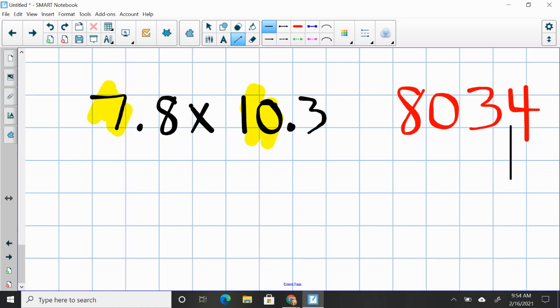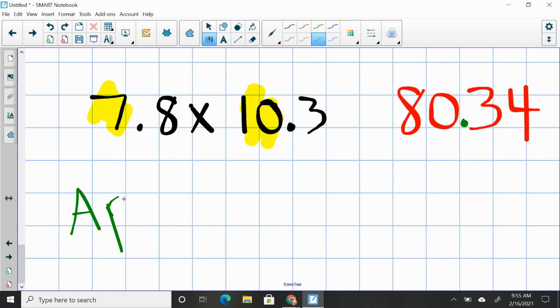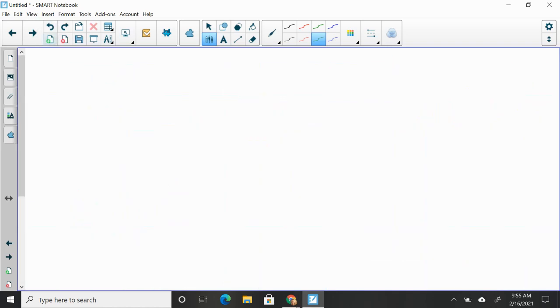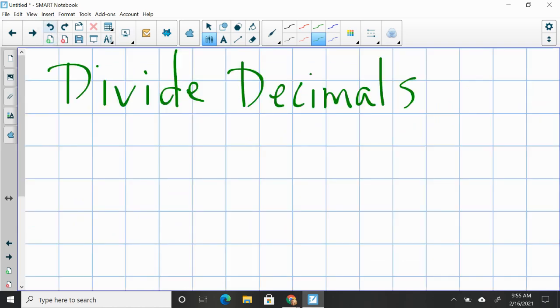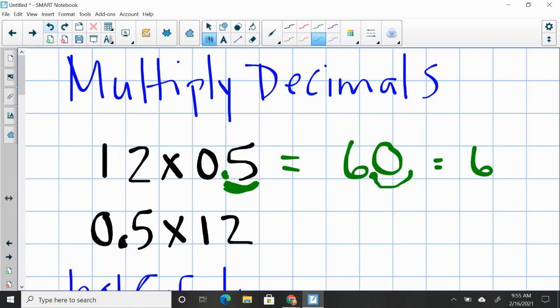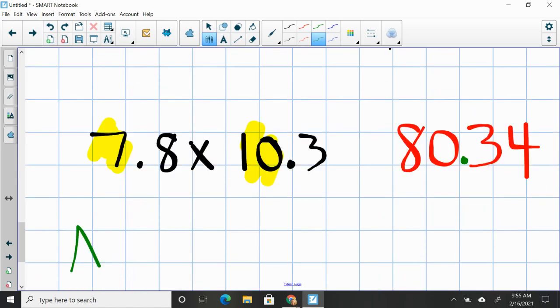So my decimal point must go right here, because that's going to be the closest to my estimated answer, which is approximately 70.